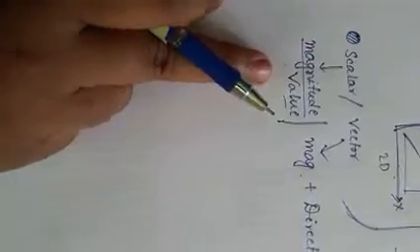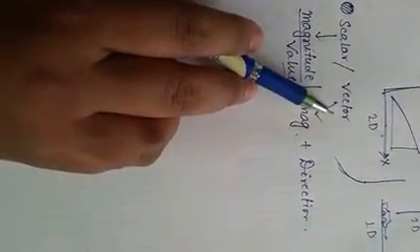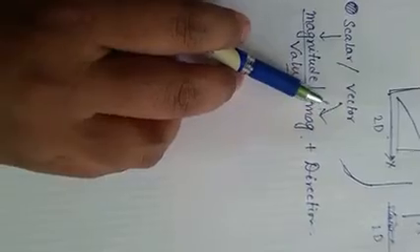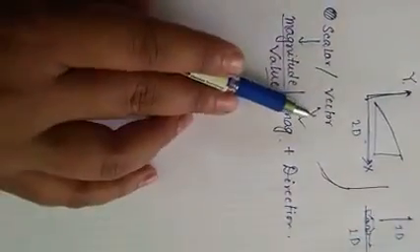If I ask you what is your age, you will tell me I am 14. So your age is a scalar quantity. If I ask you, suppose you are riding some car, what is your velocity? Then the velocity will be a vector quantity.